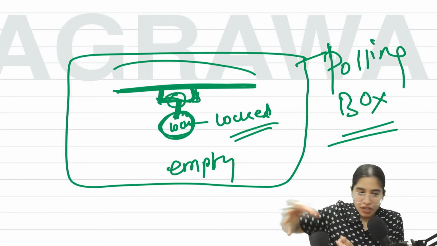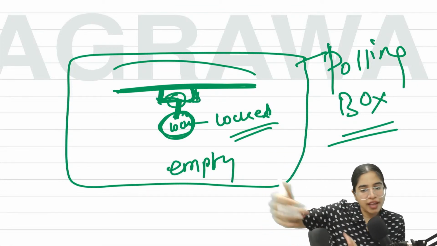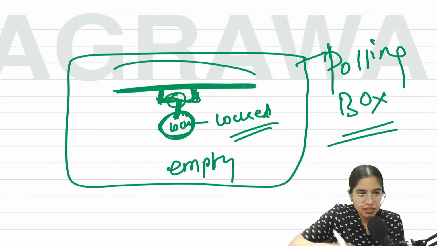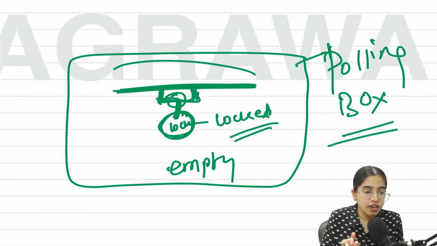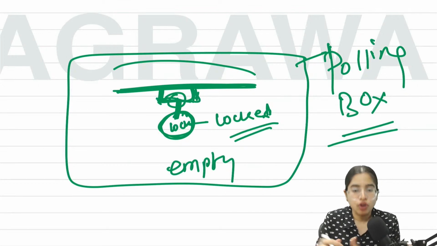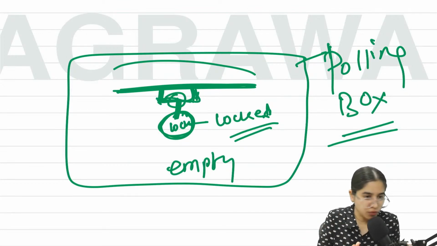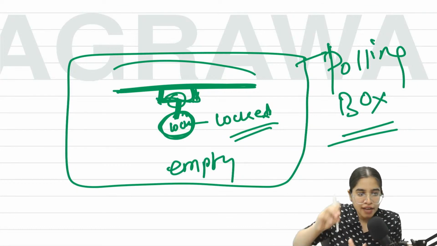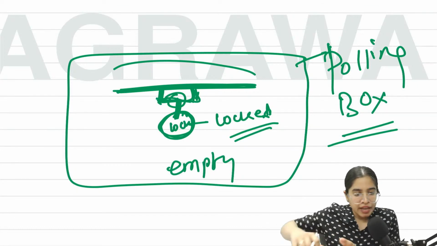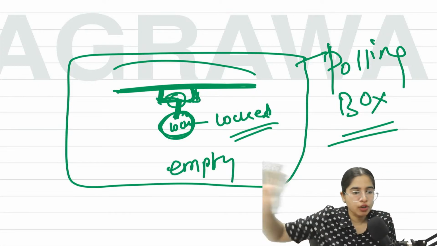And we will ask people to vote and then fold their paper and put it inside, like we put chits in an empty box. So one point is given that in order to facilitate the polling process, the scrutinizer will prepare a polling box. That polling box has to be empty and locked, and we will give polling papers to everybody for casting their vote.